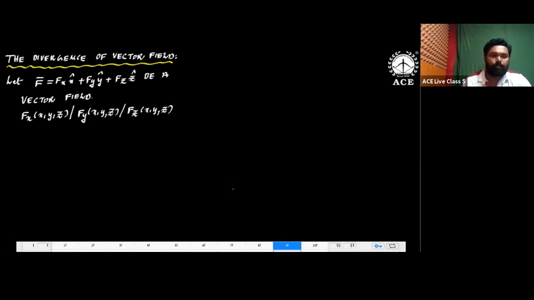Okay, fine. So Fx means what? It need not be only a function of x. If you write this explicitly, that is how it looks, elaborately. So let us try to perform the divergence. What is the divergence? It is a dot product between del and F. What is the del here?